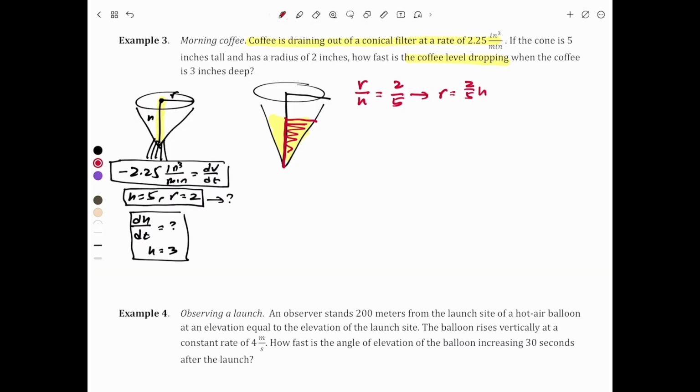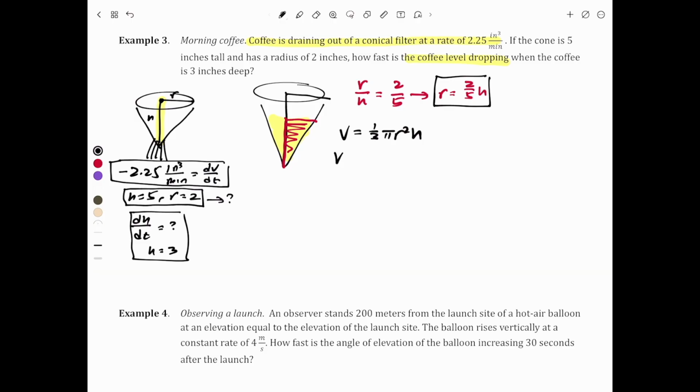We are being asked to figure out a relationship between volume and height. The formula we know from geometry is that the volume is 1/3 times pi r squared times the height. Taking the derivative of this involves the product rule, which is not so bad, but with implicit differentiation we'd end up with a dr/dt and a dh/dt, and the bookkeeping starts to get a little out of hand. Well, the good news is we already figured out a way to replace r with the variable h.